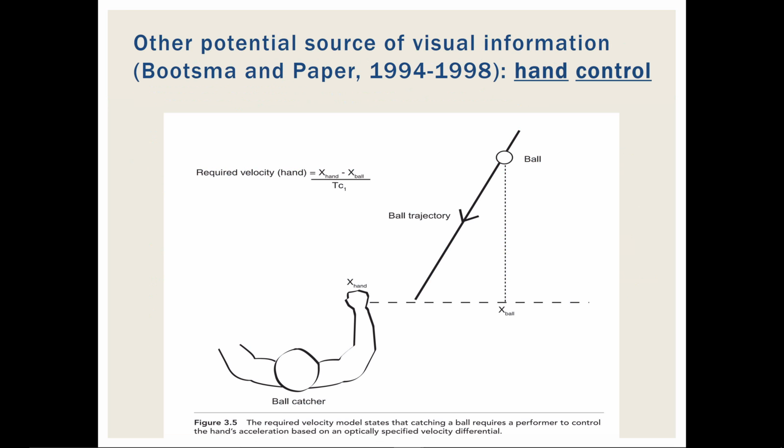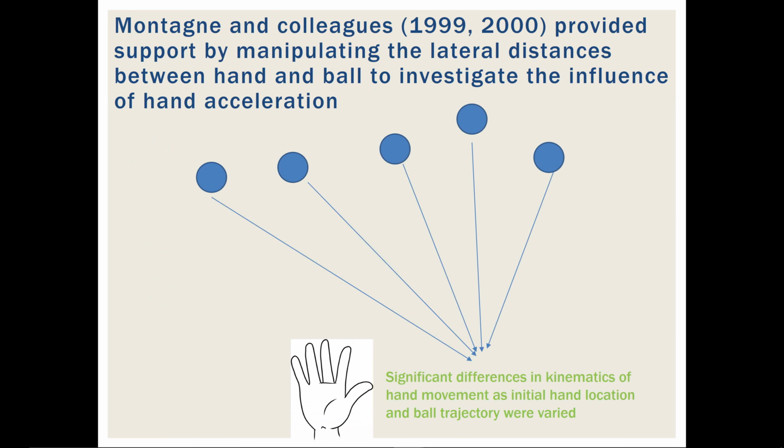Yeah? So what they said was that when you give someone the task of catching different balls, and those balls are coming from different angles. Yeah? So in other words, this ball will, sorry, I don't have a pointer, so it doesn't make any sense.